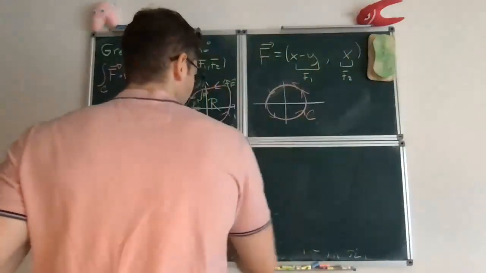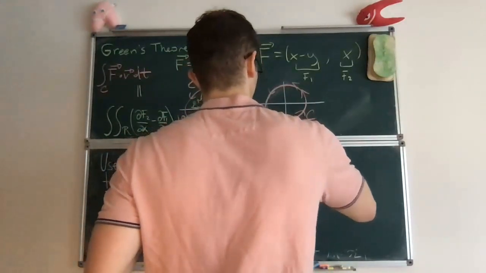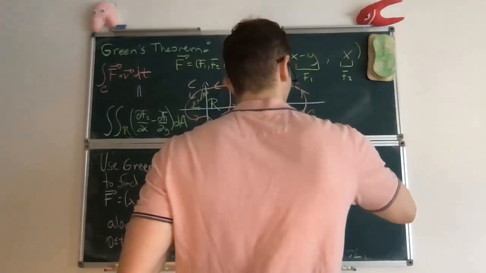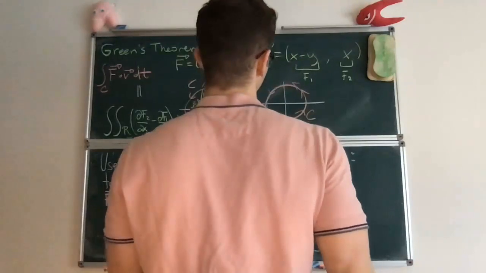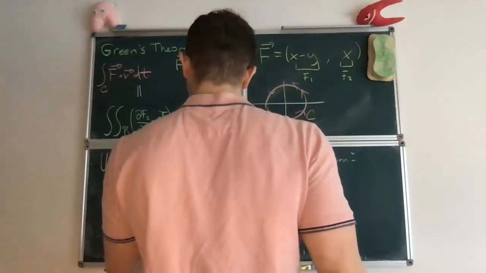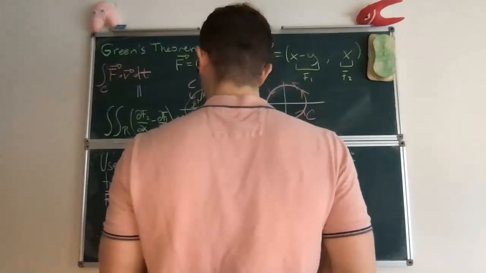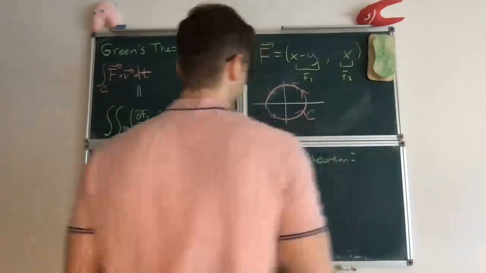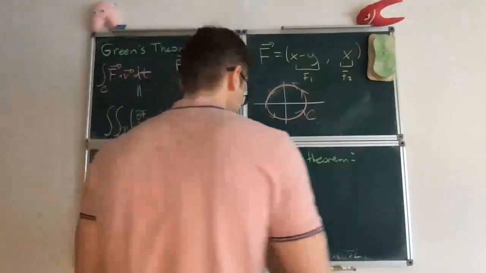And so according to Green's theorem, what you need to do is compute a double integral, which is the following. So you need to do a double integral over R. R is in this case the unit disk, right?